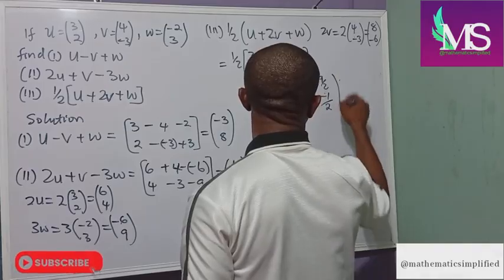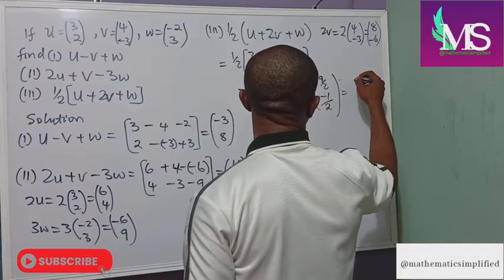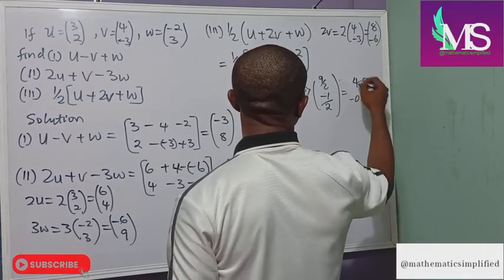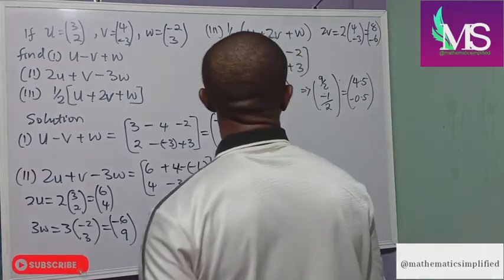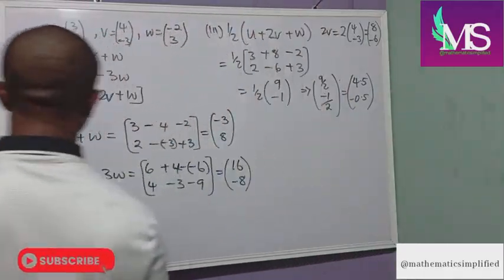We can leave it as this, or we can go further to say this is (4.5, -0.5). Okay, that's for our second question.